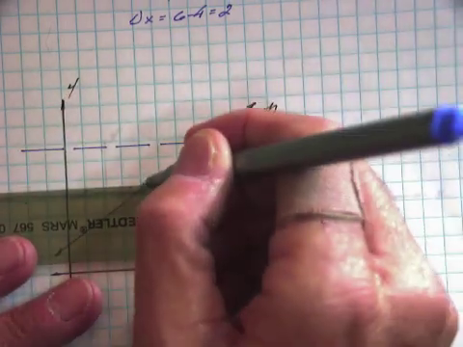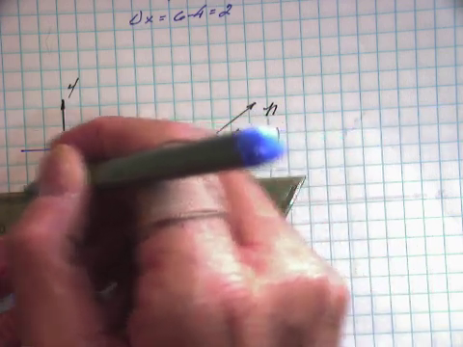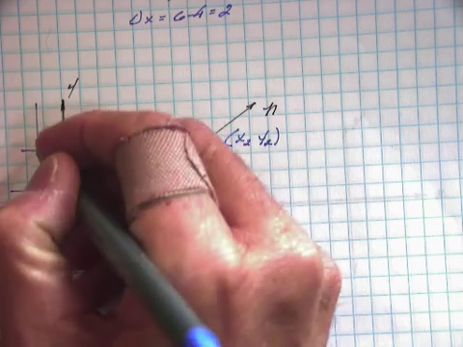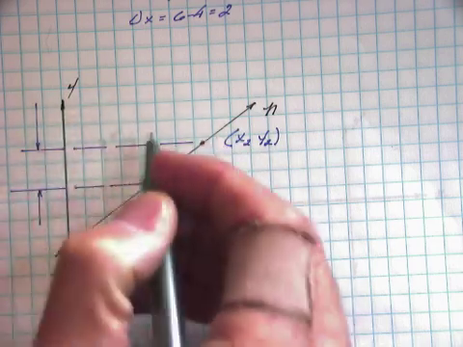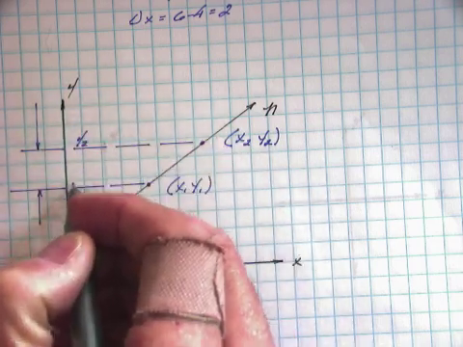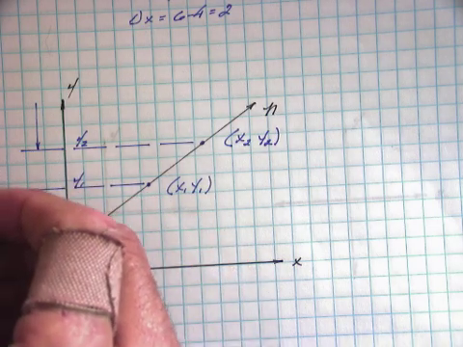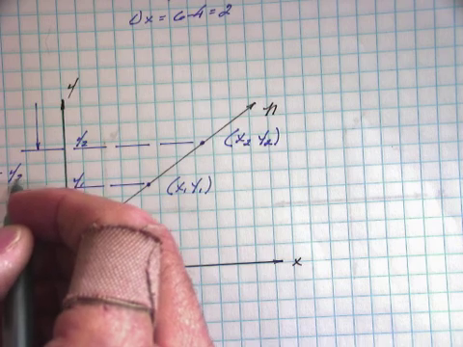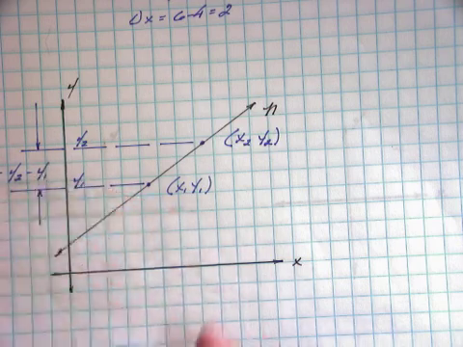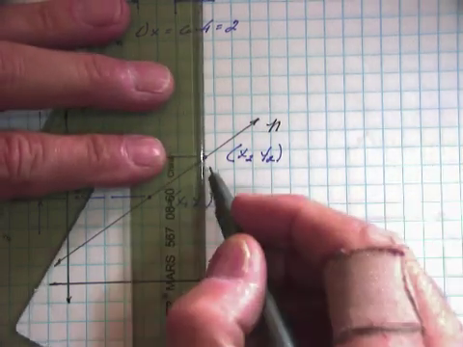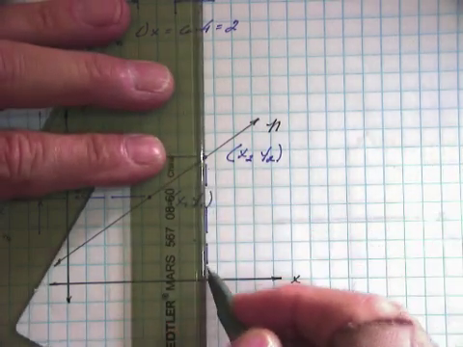Now, the change in the y values is happening on the y-axis. But this time we don't have numbers. So what we're going to do is just say, this is y sub 2, y sub 1. We're just going to say that the change delta y is y sub 2 minus y sub 1.